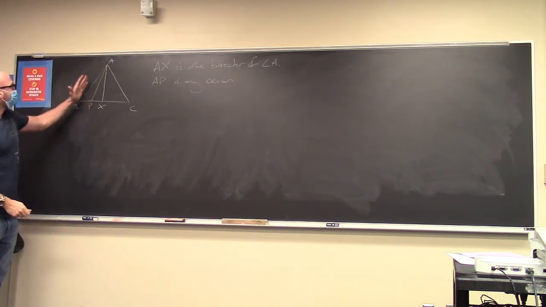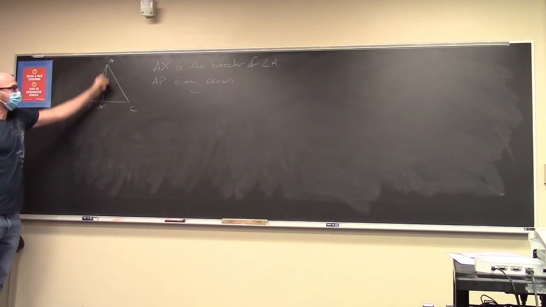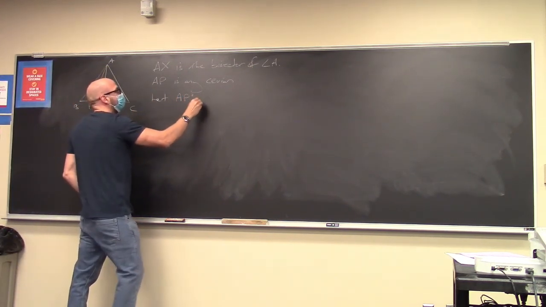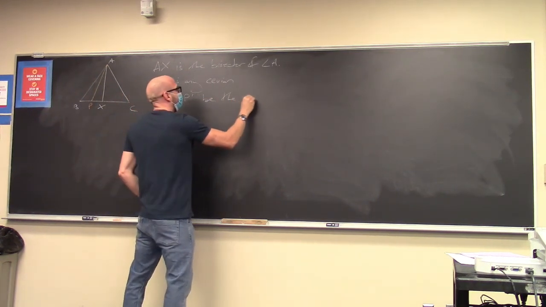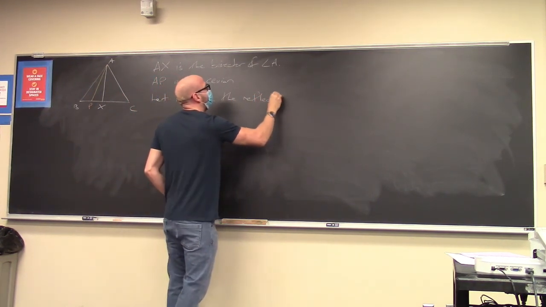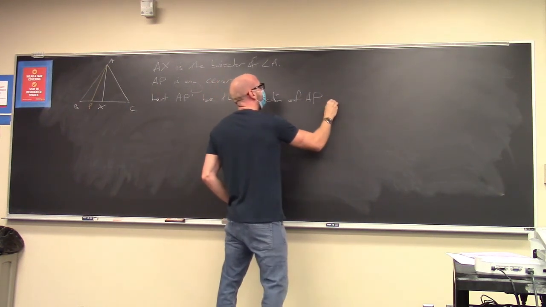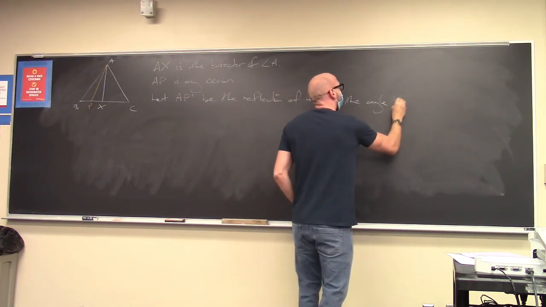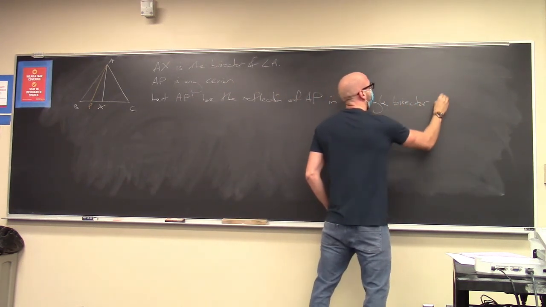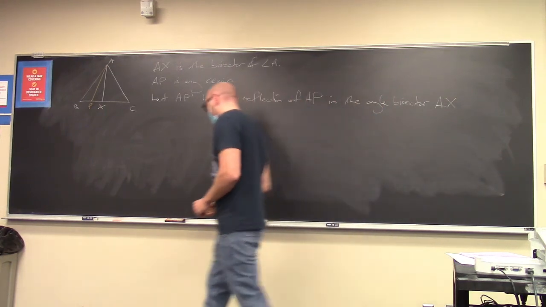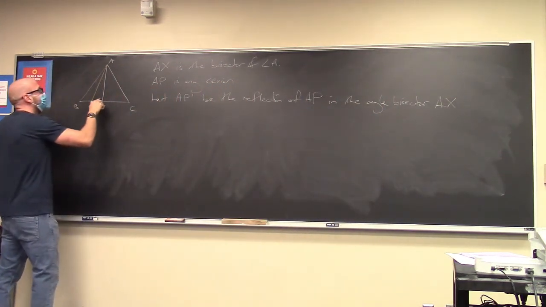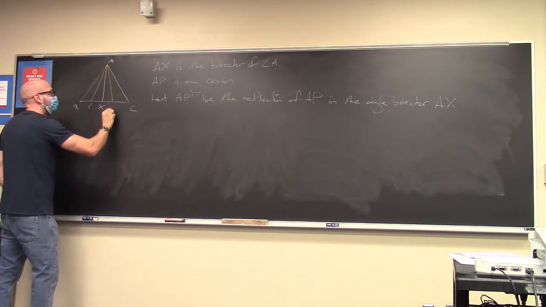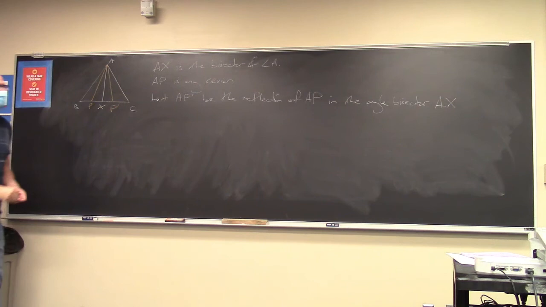What I want to do is reflect AP through this bisector, through AX. So let AP prime be the reflection of AP in the angle bisector AX. So I'm taking AP and reflecting it through AX to get another Cevian, AP prime.